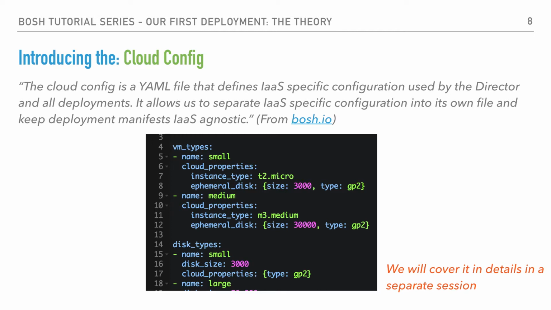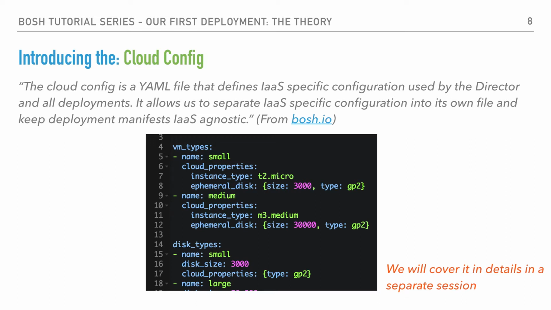We can also have some networking definitions as well. So you can start to see that here we define something that is IaaS specific. Let's say I want to use a T2 micro, and I define it as a small VM type, or I want to use an M3 medium instance type from Amazon, and then I define it in the cloud config as a medium. So this cloud config is nothing but a collection of those IaaS specific configurations.